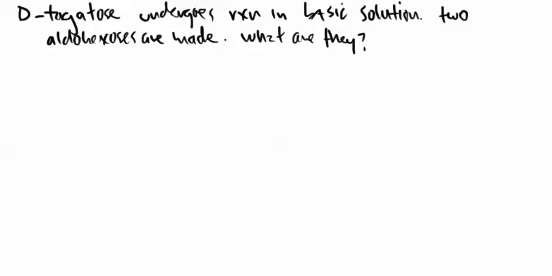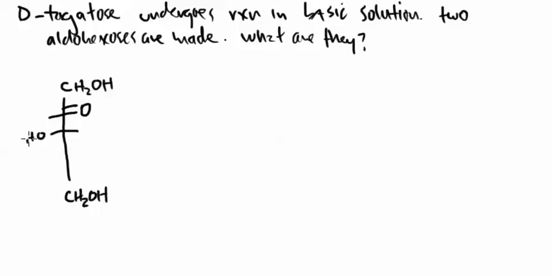So this structure will be given, or you will have a chart and you can look up this structure and try to find it. So D-Tagatose, when I find that structure, is CH2OH up here at the top, and then I see this carbon backbone with a CH2OH at the bottom. At this carbon we see a double bond O, and then at this carbon we see an OH on that side. So let me erase this, that's kind of confusing.